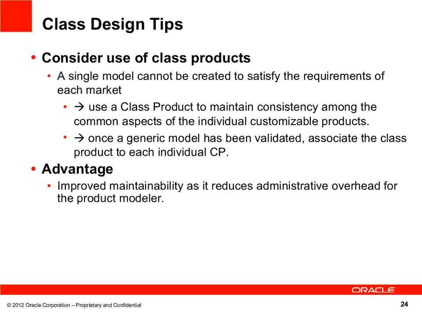So this has the advantage sometimes that you can have some consistency among different individual products. And once a generic model has been validated, you can add the class product to each individual product, and it already works fine. It simply is an improvement in maintenance, and it will probably reduce the administration overhead for the product modeler.